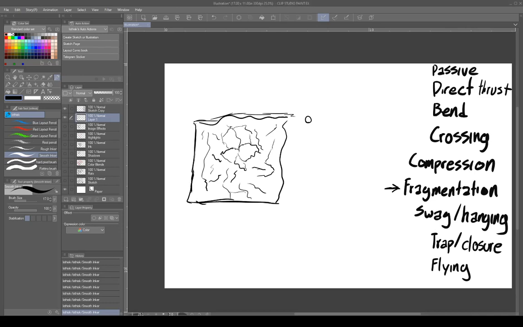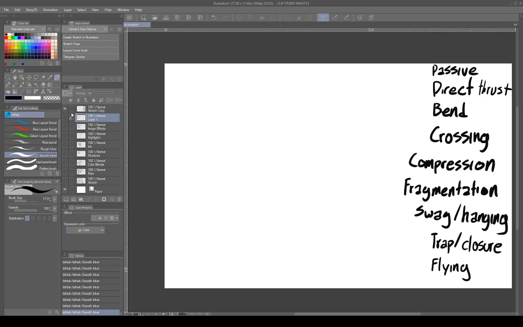So, all right. I had an example of this earlier, where I did the crisscrossing fragmentation thing. But you can also call this a swag or a hanging wrinkle, when you've got two or more points and a cloth is draped over them, but it has some slack.